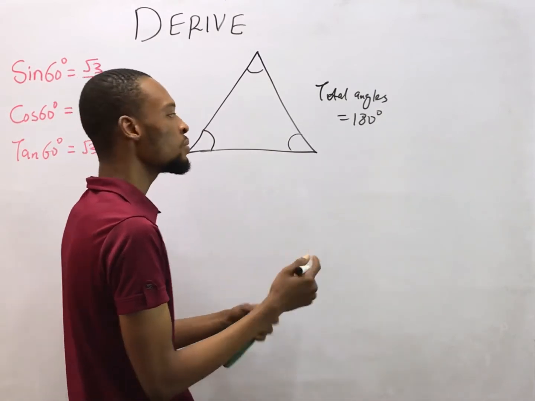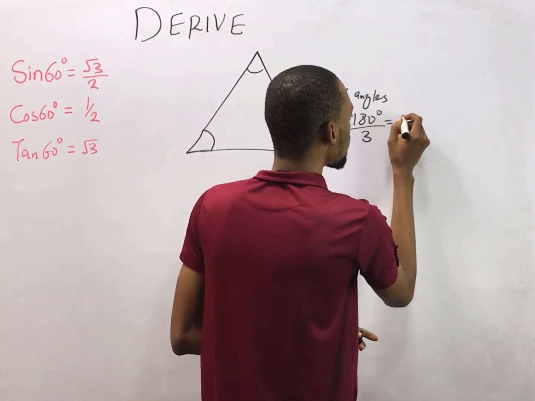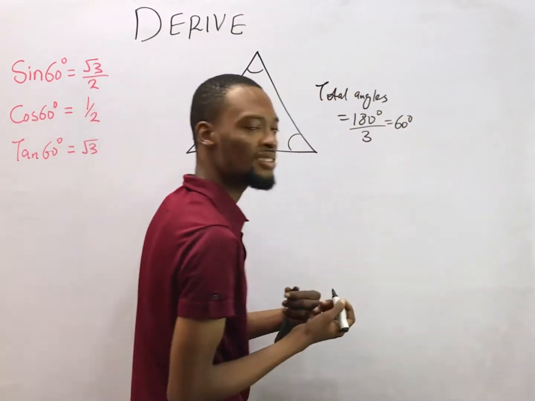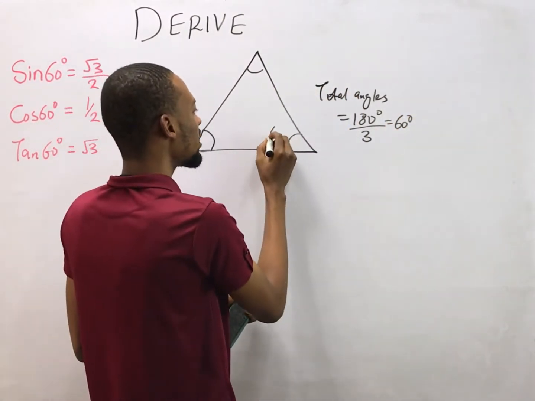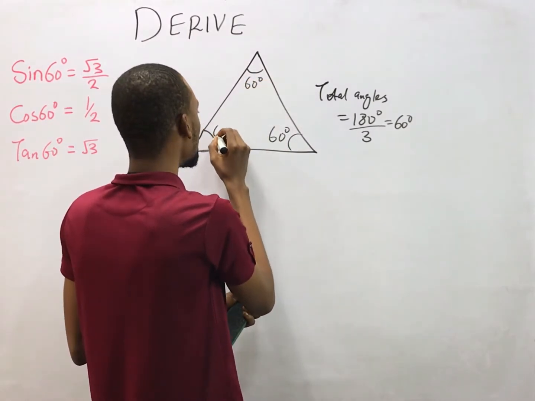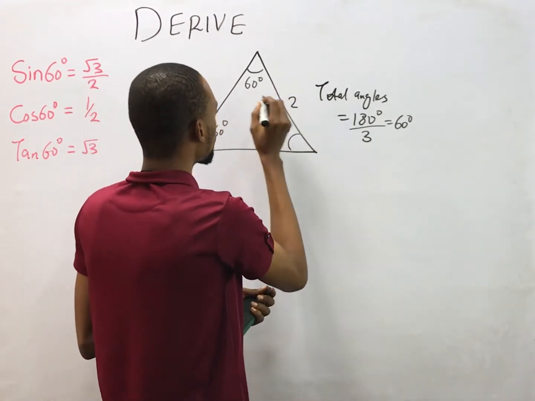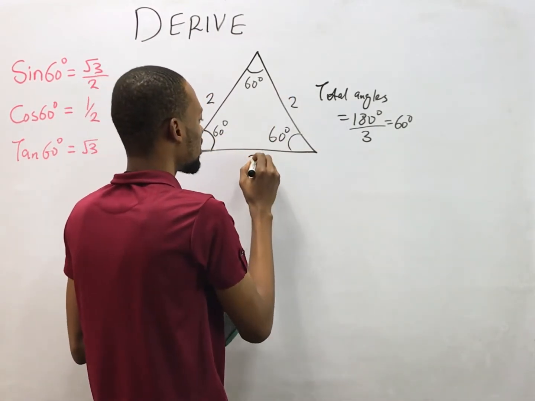One angle will simply be 180 degrees over 3, which is equal to 60 degrees. Therefore, here is 60 degrees, here is 60 degrees, here is 60 degrees. Then here is 2, here is 2, and here is 2.